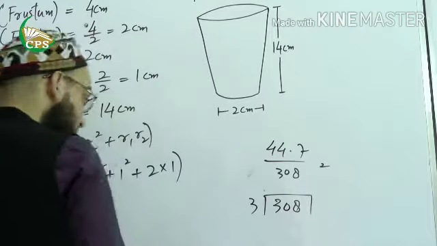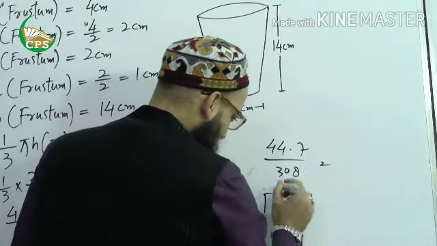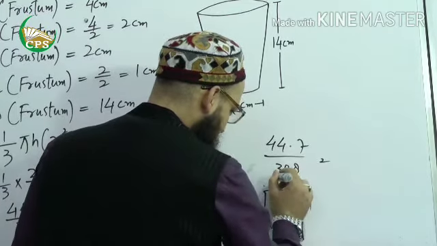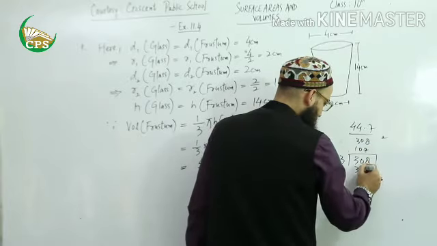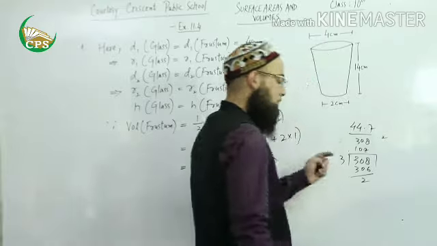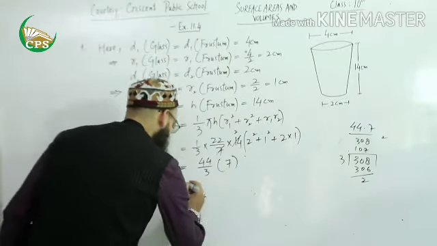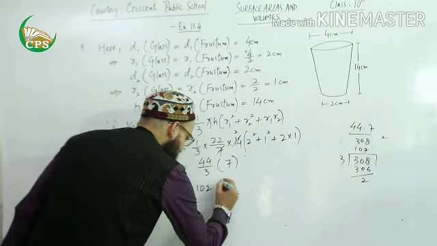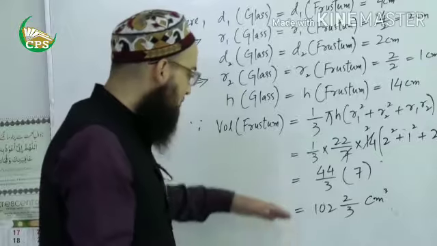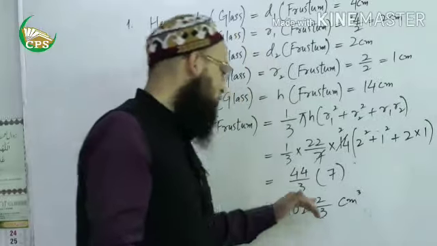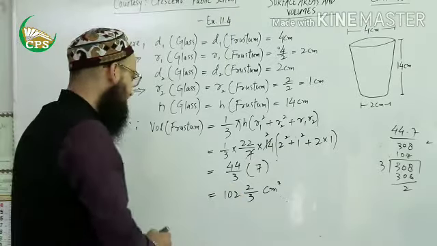Now on dividing by 3, what will you get? We get 102, with remainder 2. So 102 and 2 by 3. So what we got, students? We got volume of frustum 102 and 2 by 3 cubic centimeters.